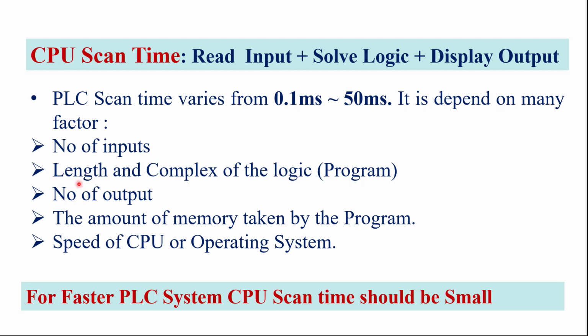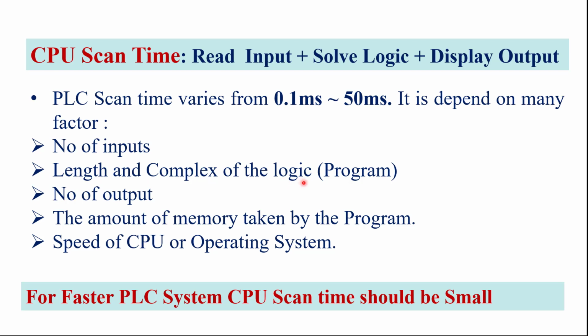Next factor is the length and complexity of the logic or program. The CPU scan time also depends upon the length of the program. It means if the program is short, the CPU scan time will be less. If the program is lengthy, the scan time will be longer. And then the complexity of the program.